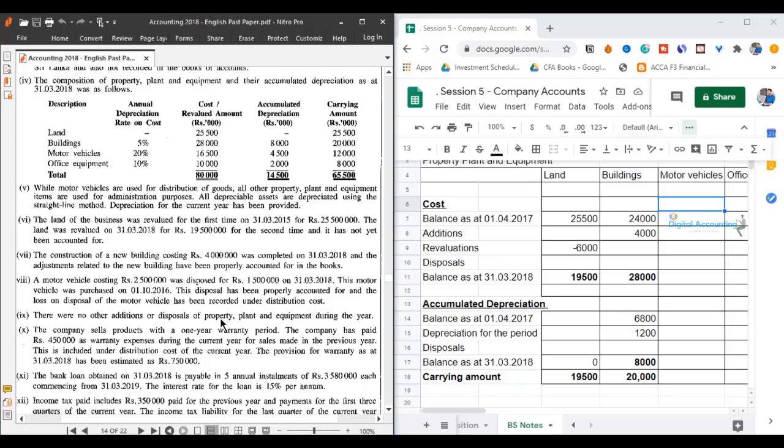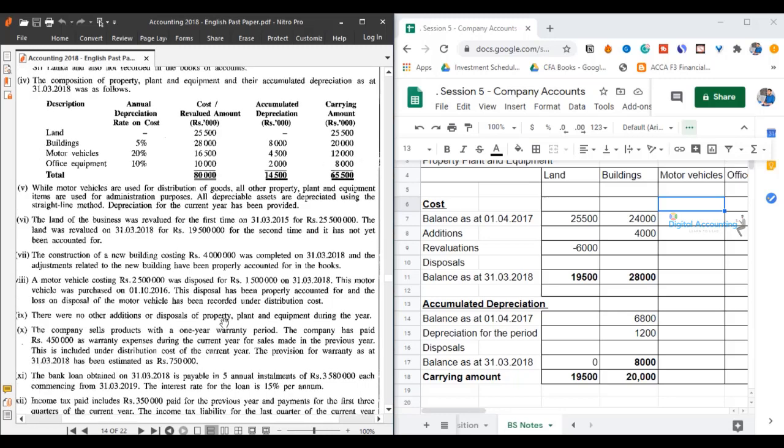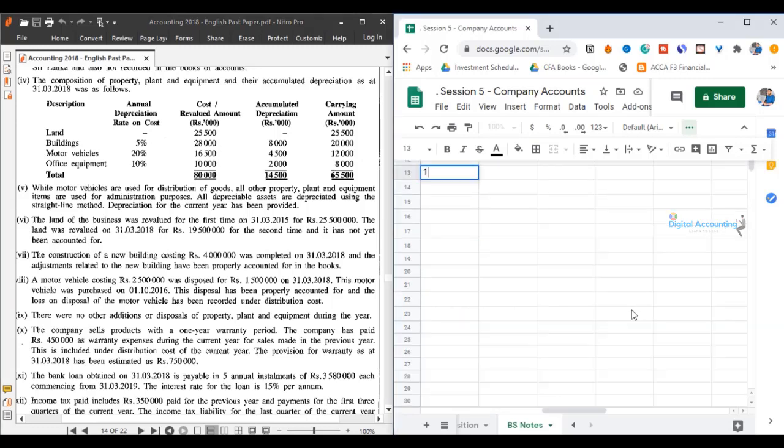So if we have a disposal of assets, we need to think of three aspects in any question. The first aspect is we need to remove the asset cost of the disposed asset. We are not going to have that asset any longer. The second is we need to remove the accumulated depreciation of the asset, because we don't have the asset, so no need to keep the depreciation of the asset too.